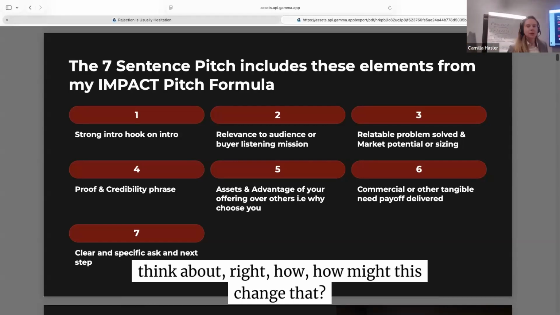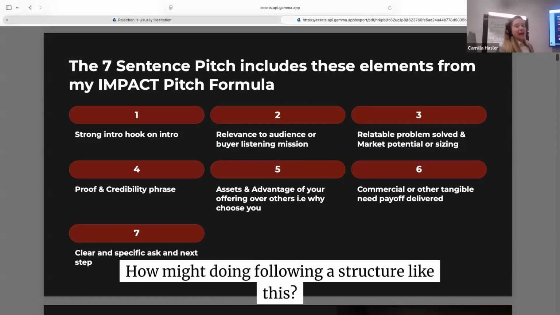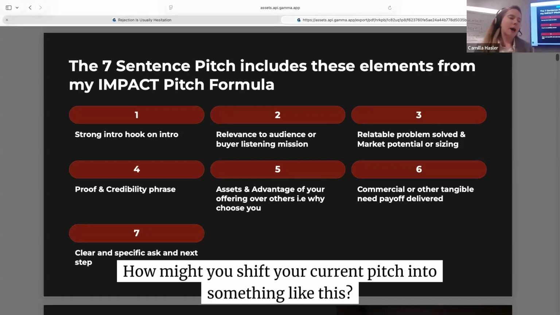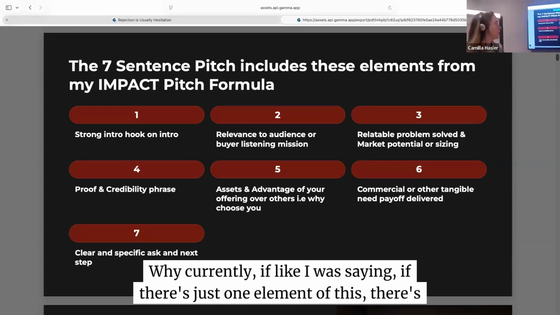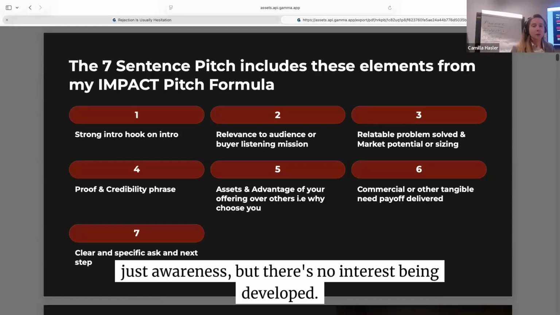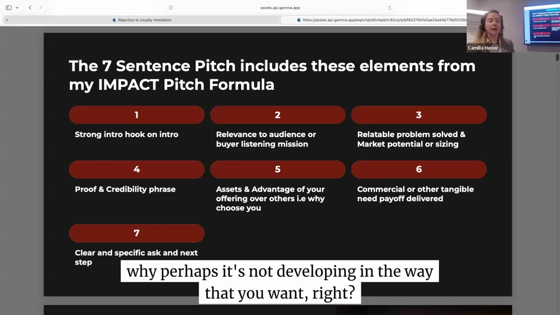How might following a structure like this shift your current pitch into something like this? And maybe this will indicate why, if there's just awareness but no interest being developed, it's perhaps not developing in the way that you want.